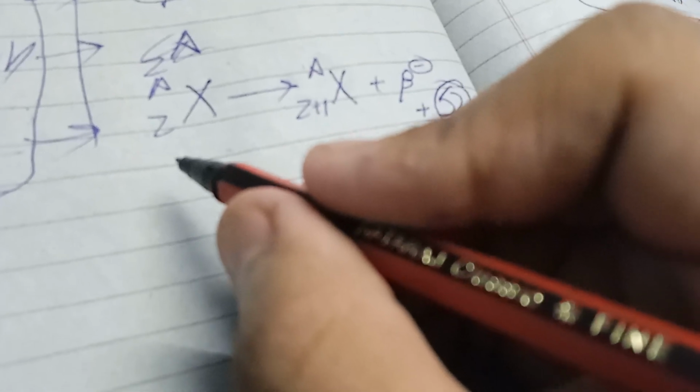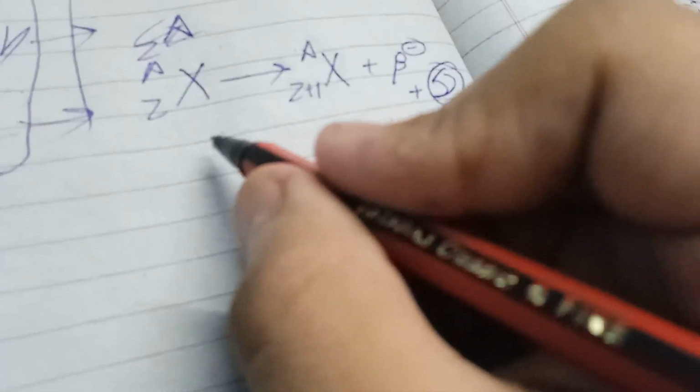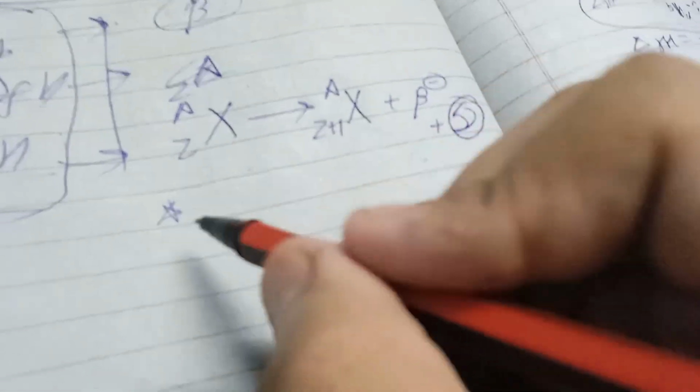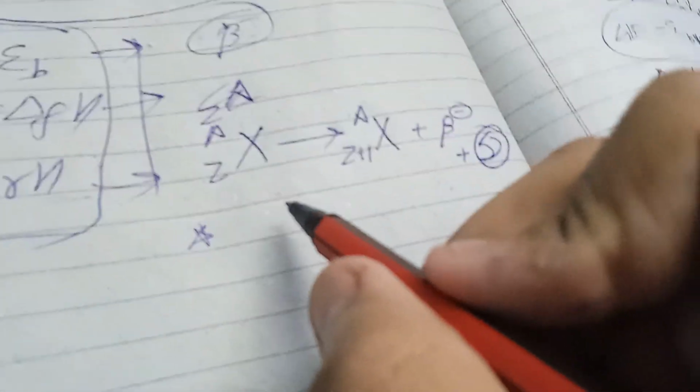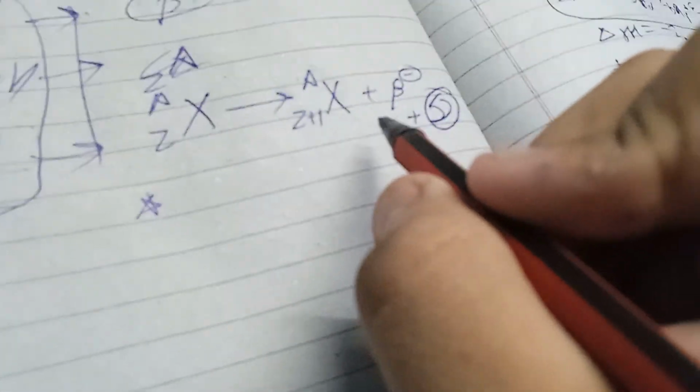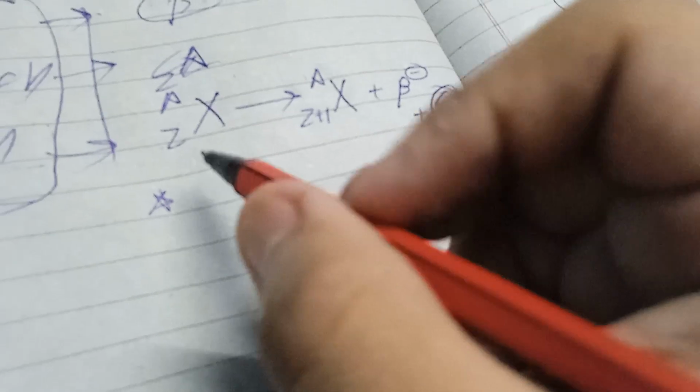So law number 1. First of all, let's say it's a kind of question where we have to find in both ways. So first let's find in binding energy form. For binding energy form, we would need law 1 and law 3. Law 1 says that delta fH is minus E_B.